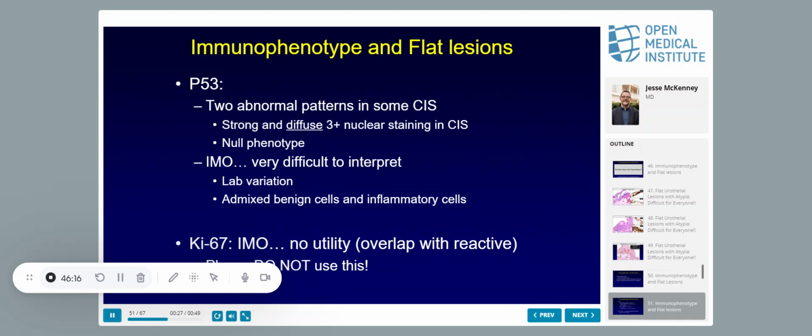But I find these almost impossible to interpret in the bladder because you've got so many reactive cells mixed in, and distinguishing that from wild type, at least to me, I have a hard time doing it. Ki67 you should just never do in these. You should just never do them. If you want to do P53, you just have to be very careful in your interpretation.